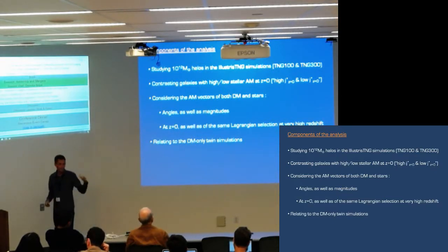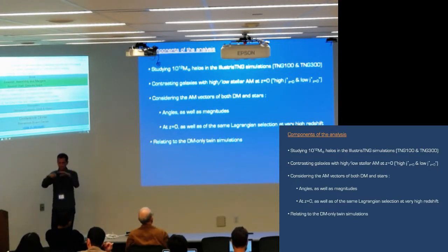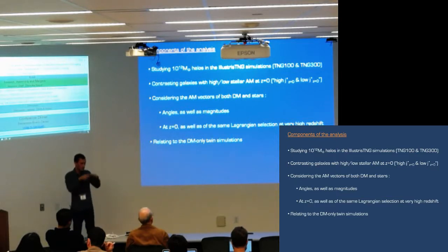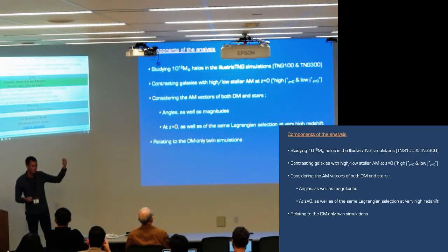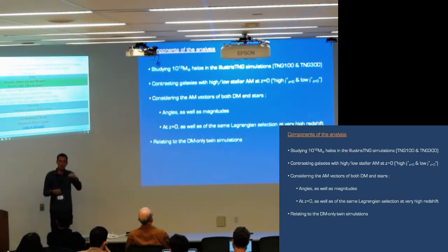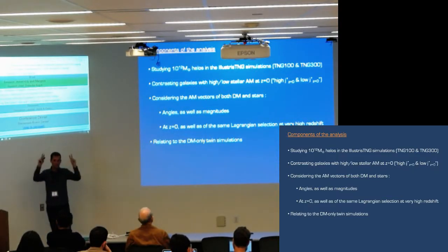I want to emphasize this because this is key to everything that I will show. I will select the galaxy or the stars at redshift 0 and the dark matter halo at redshift 0. And then either just follow the dark matter particles to the initial conditions or to very high redshift, or, using tracer particles, follow the baryons that make up the stars. As I go backwards in time, at some point they will become gas.